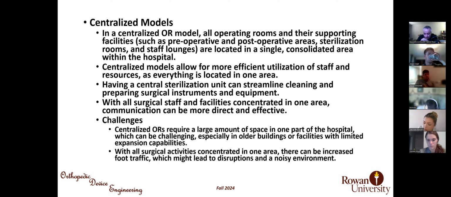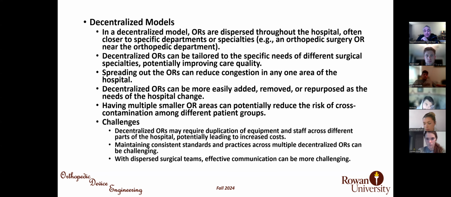Due to these reasons, especially about the infection, current hospitals try to prepare the operating rooms for each subspecialty close to their department and ward. This is called the decentralized model.